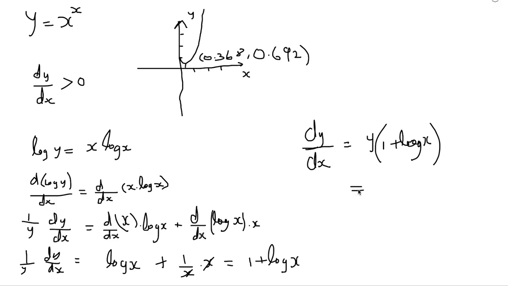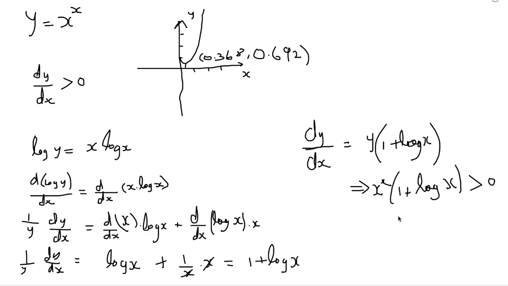Now y, we already know what is y, x to the power x times 1 plus log x. Now we know from here dy by dx should be greater than 0, so this one should be greater than 0. Now x to the power x should be greater than 0. At the same time, 1 plus log x should also be greater than 0. So either this should be greater than 0 or this should be greater than 0.